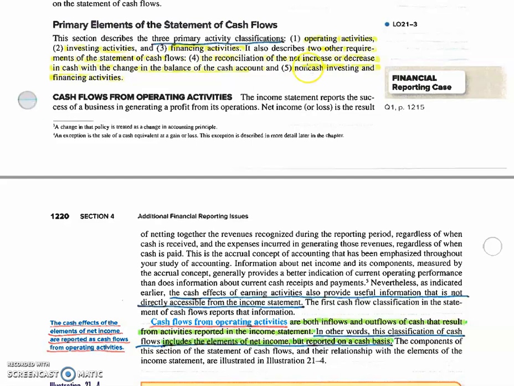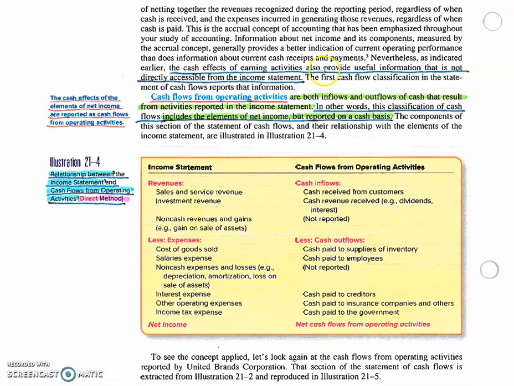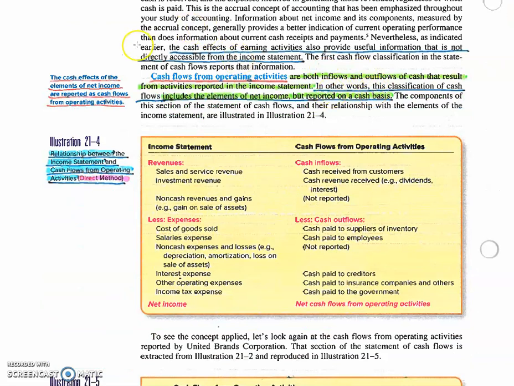Okay, so move on down, and again, they get into cash flow from operating activities. The relationship between net income and cash flow from operating activities. This is the direct method, and so they, again, walk you through that. What do we do on the income statement?